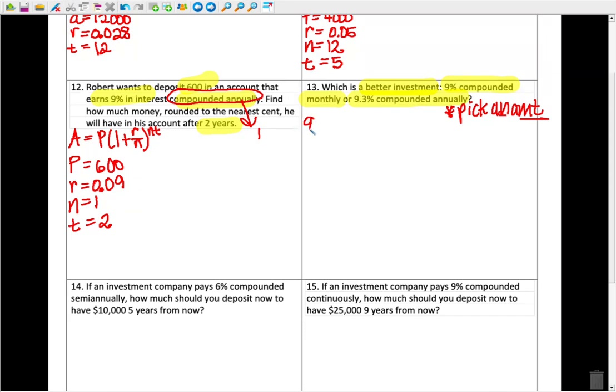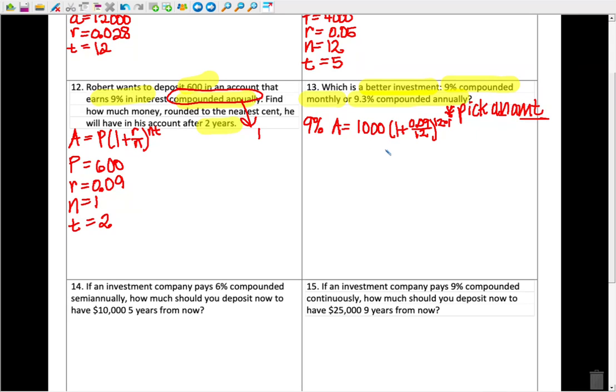If I want to see if 9% compounded monthly is a better deal, I'm going to take the 9% and write out the formula for that, which is A equals, and I'm just going to go right to the principal, which is 1,000. And since it's compounding monthly, there are 12 months in a year, I've got 1 plus, forgot to put the 0.09 first, my bad, that over 12, and then raise it to 12 times 1, or just 12.